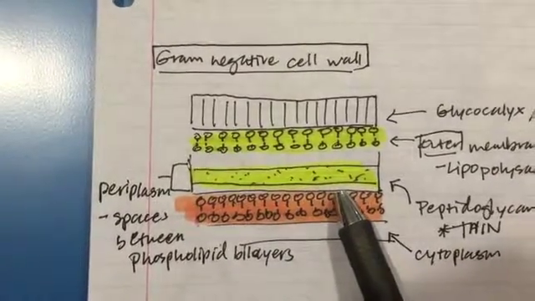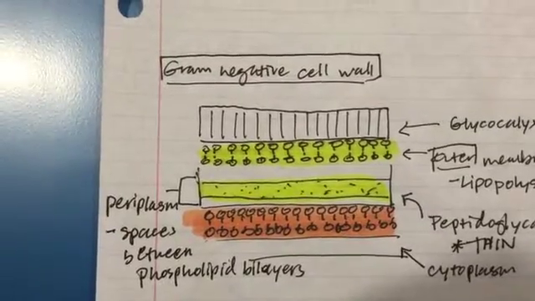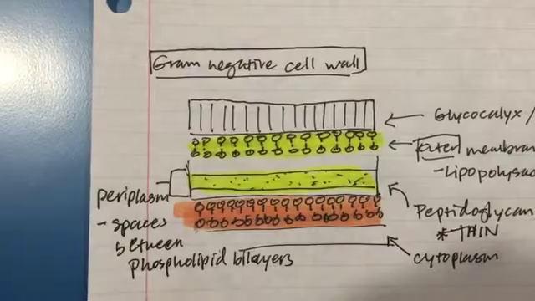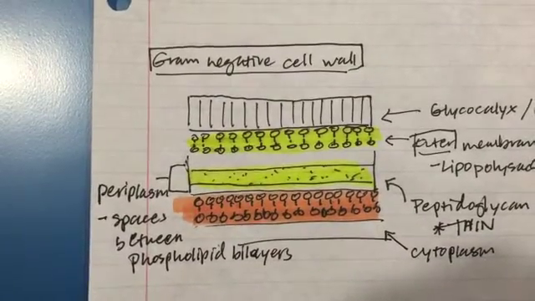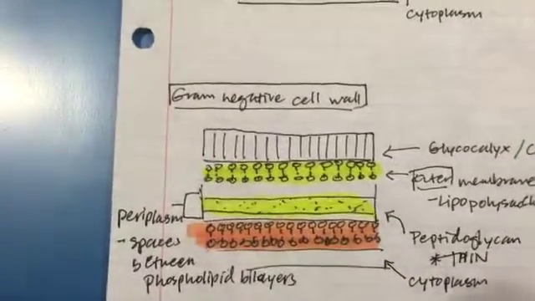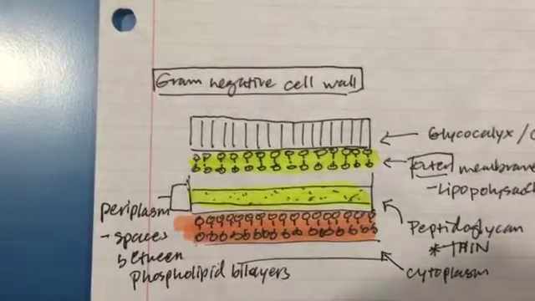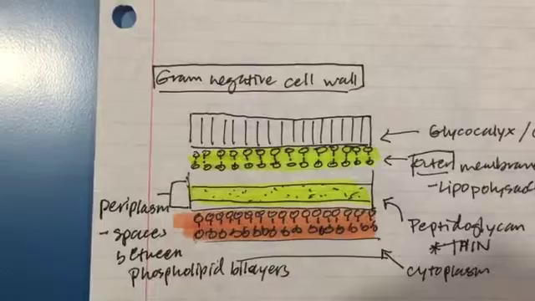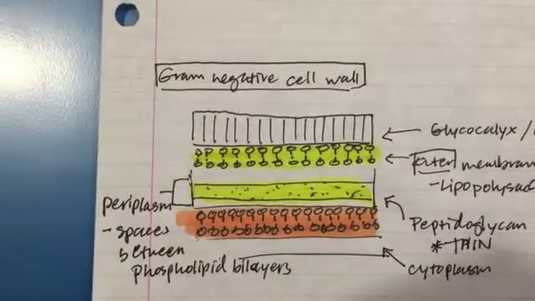And then we also talked about porins. These are found in the outer membrane. They're like little channels that allow things to come into the membrane and other things not to come into the membrane. So for example, bacteria love glucose, and they would definitely allow that to come in.